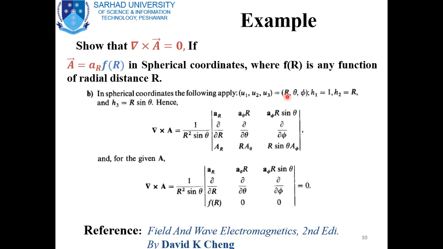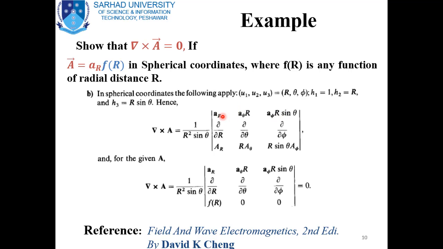This is the radial component, this is the half angle which varies from 0 to pi for any sphere, and this is the plane angle which varies from 0 to 2 pi, and thus the curl of a vector field A in the spherical coordinates becomes 1 divided by r square sine theta times the determinant with A_r, r A_theta and r sine theta A_phi.